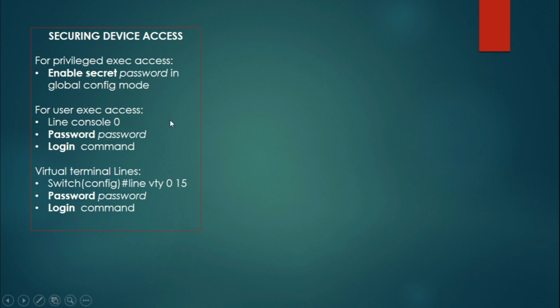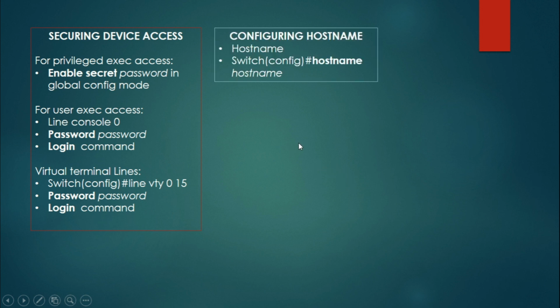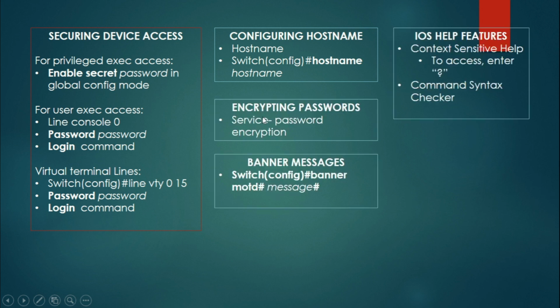For virtual terminal lines, we have switch config hashtag line vty 0 15. It switches your configuration into line vty 0 15, and you can also set a password here and the login command. For configuring the host name, by typing your host name in, you switch the config using hashtag hostname.